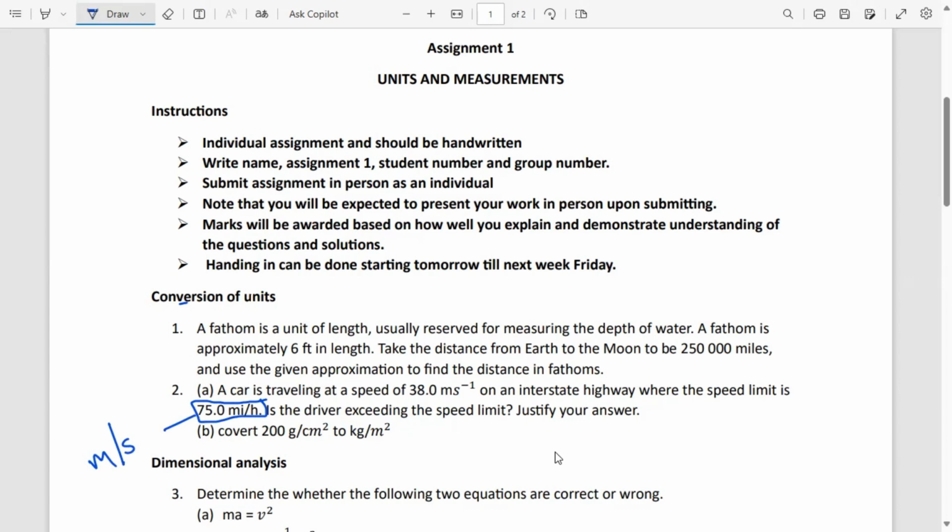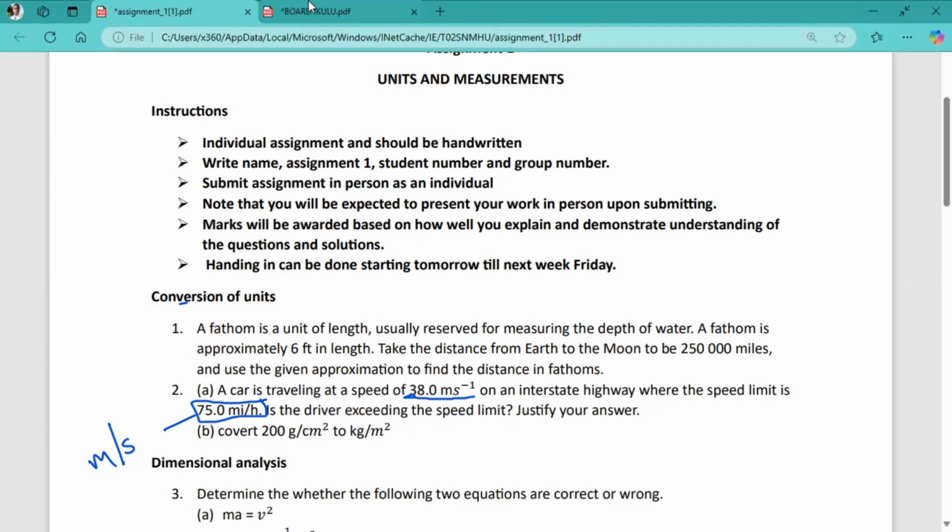If the speed limit is more than the driver's speed, the driver is under the speed limit. But if it is smaller than the 38 meters per second, the driver is exceeding the speed limit. So let's convert 75 miles per hour into meters per second.